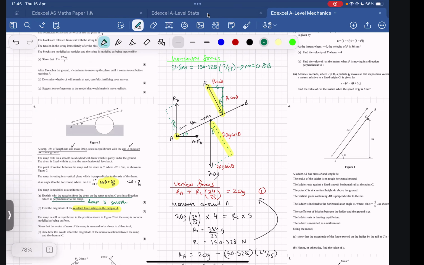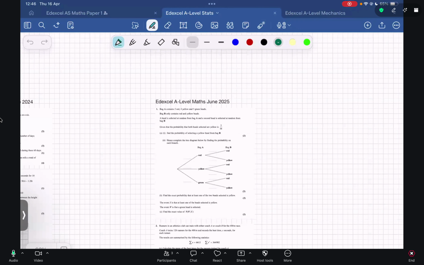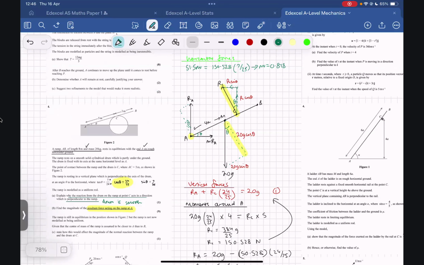One second. I actually just realized we don't need to work out mu at all for this question. So I'm just going to delete this part. Okay.